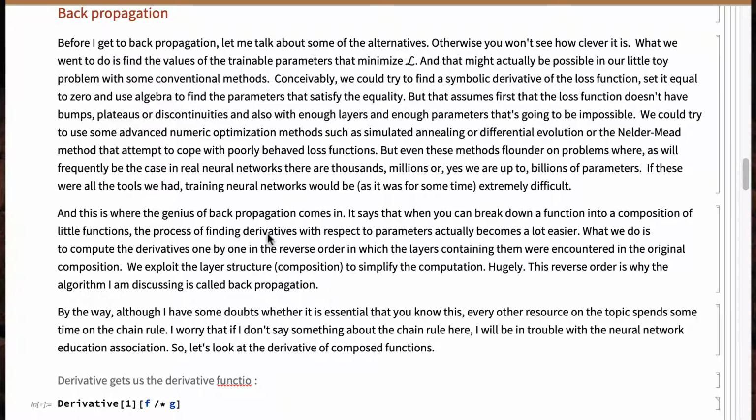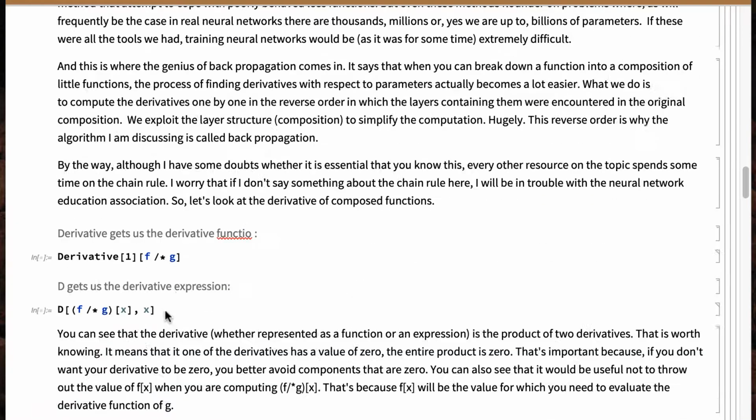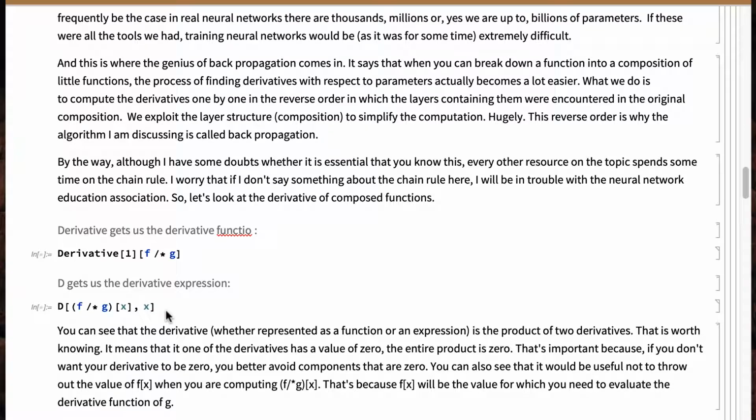You exploit the layer structure, the composition, to simplify the computation. And the reverse order is why the algorithm I'm discussing is called backpropagation.